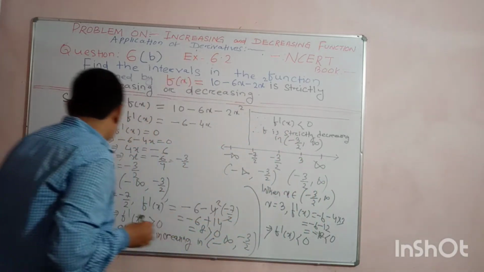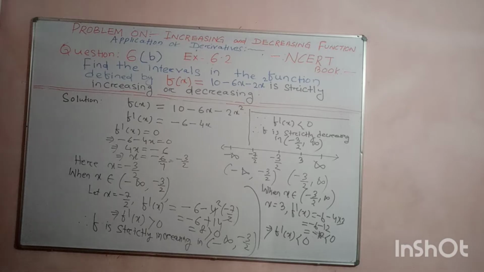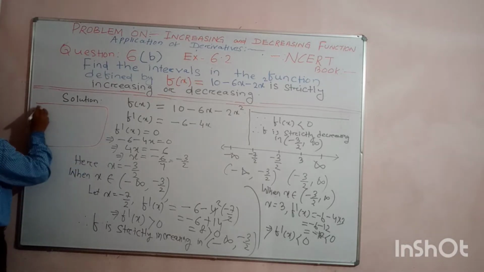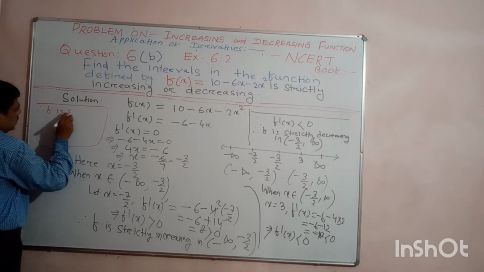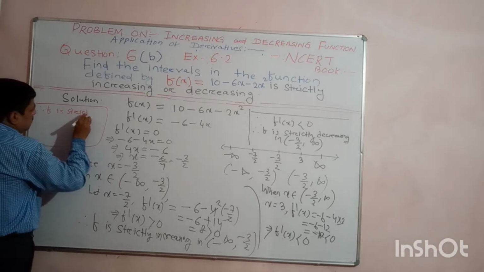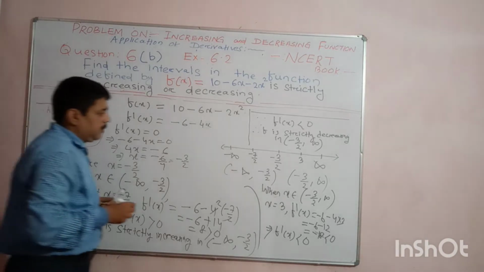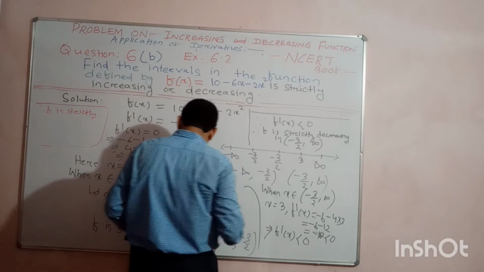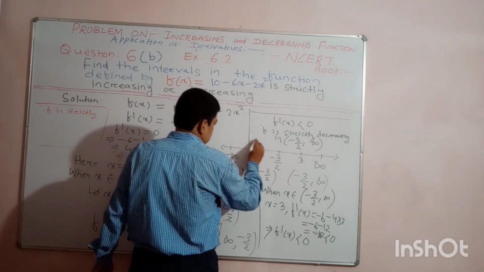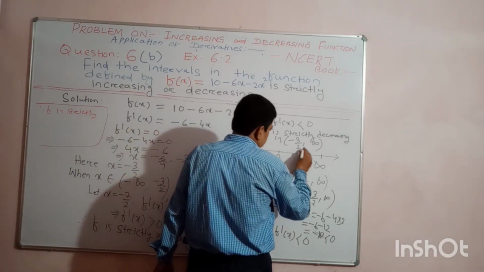Understand? So in this interval the function is strictly increasing, and in this interval the function is strictly decreasing.